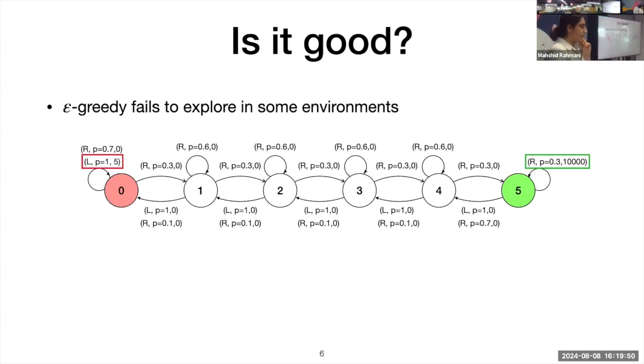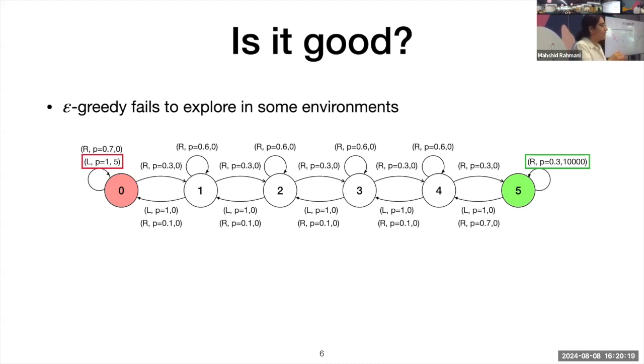And if we think a little about how epsilon greedy would perform in such an environment. Imagine the agent has discovered the left side reward, which is the distractor reward. So the greedy action will always be left. So it would pick a random action with probability epsilon, and that random action would be right with probability half the epsilon.